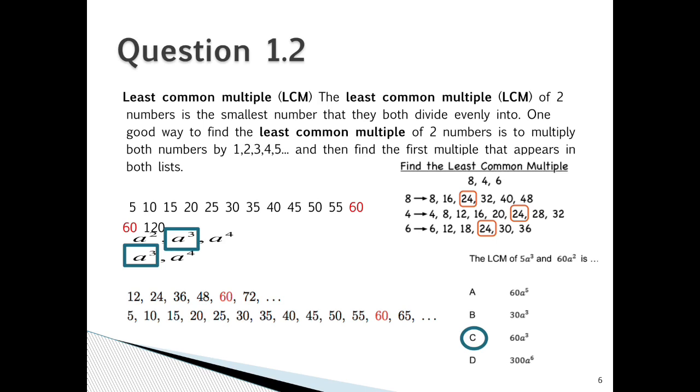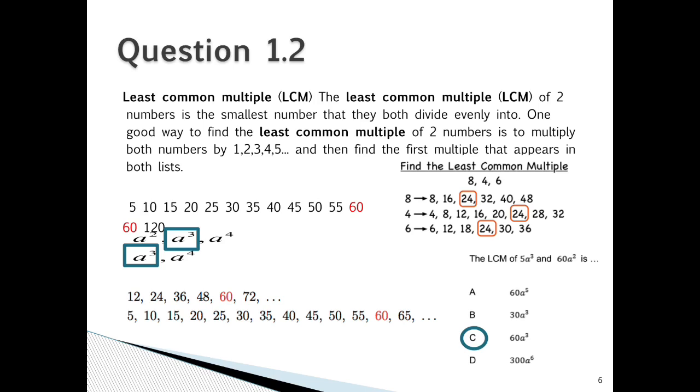If you look at 60, 60, 120. If you look at the a's, there's a squared, a to the power 3, a to the power 4. And the bottom one is a to the power 3. So, the least common multiple of 5a to the power 3 and 6a to the power 2 is 60a to the power 3.